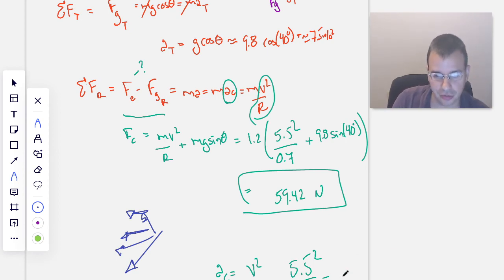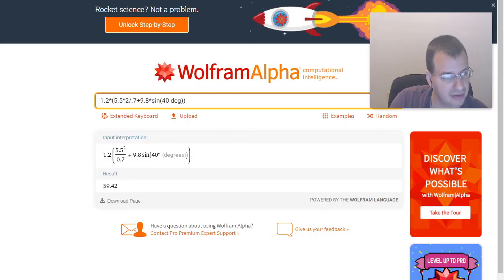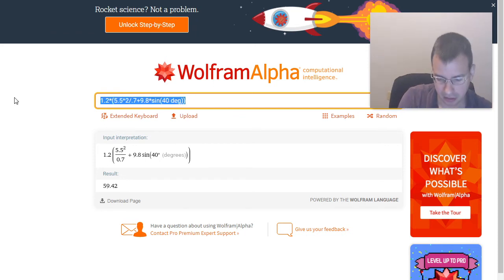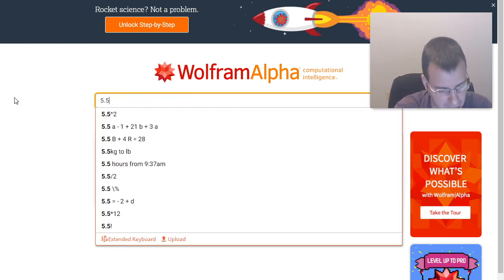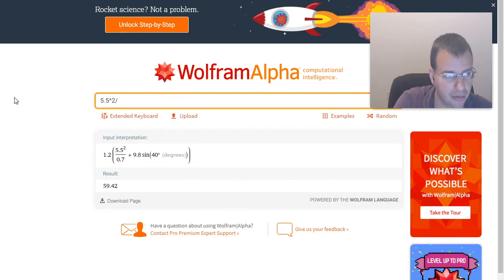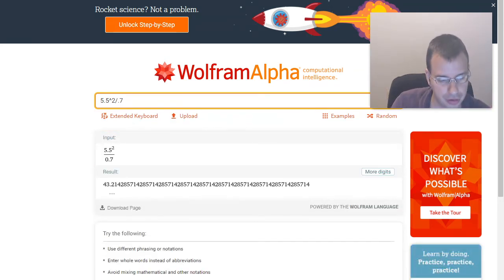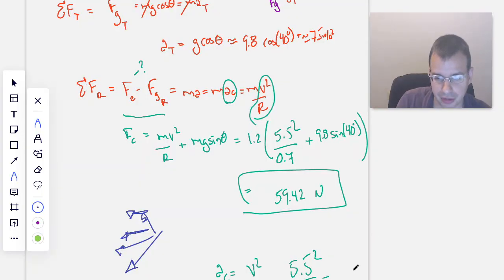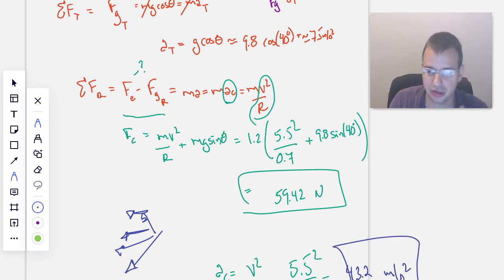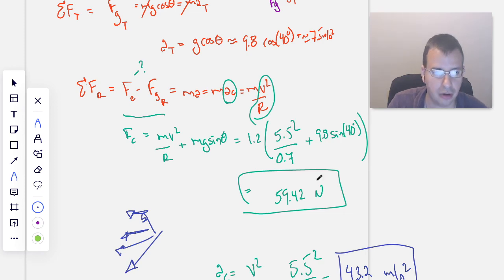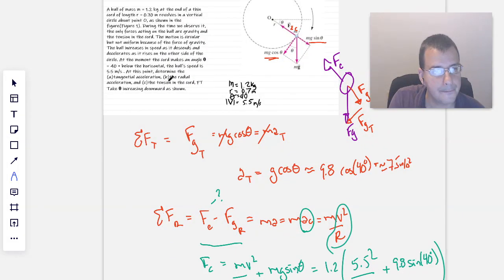All right, so 5.5 squared over 0.7, and that gives us 43.2. So it's 43.2 meters per second squared because it's an acceleration. This is the answer to part B, the radial acceleration.